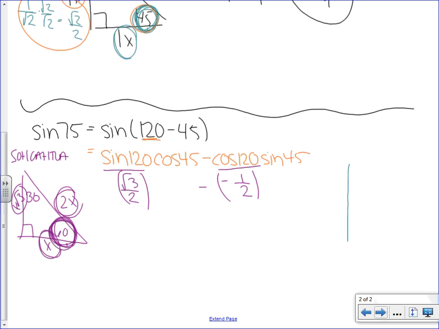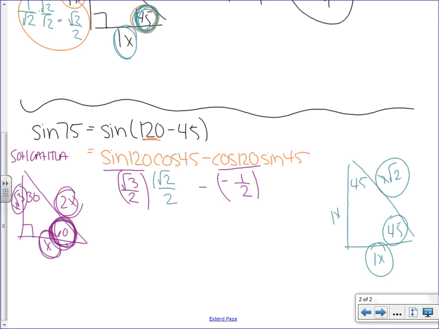And then I'll come over on this side and I'll do my 45, 45. When I do the cosine of 45, that's going to be adjacent over hypotenuse. So it's going to be that same rationalizing stuff I did up top. And I'm going to get the square root of 2 over 2. Same thing over here.